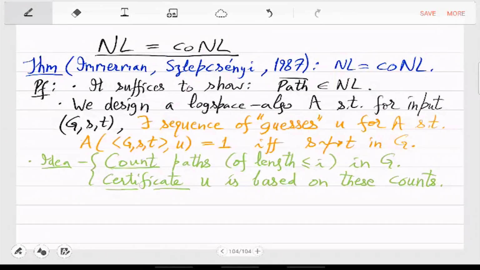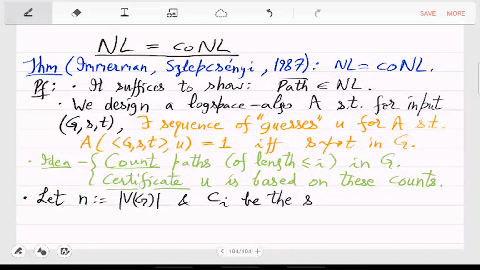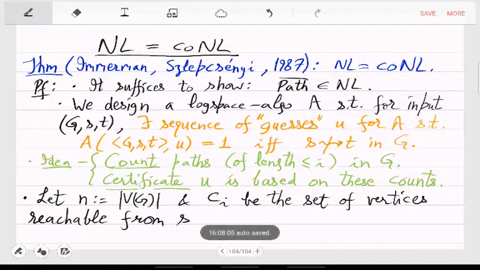So let's implement this. Let N be the number of vertices and Ci be the set of vertices reachable from S in i steps, at most i steps.